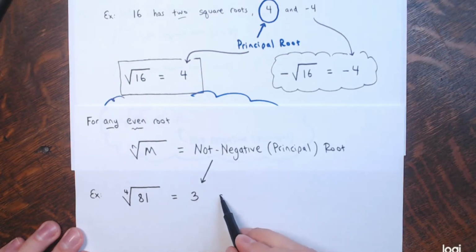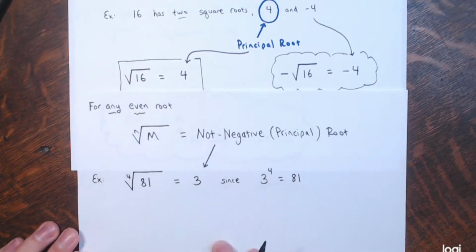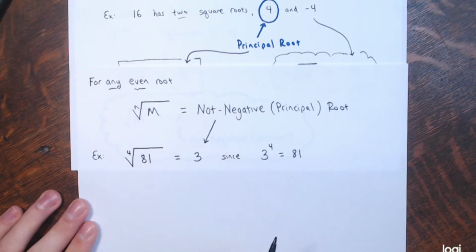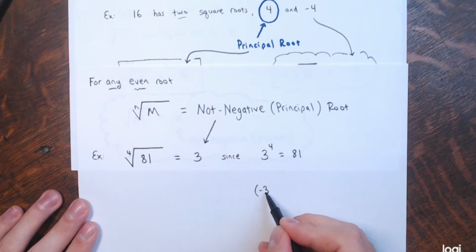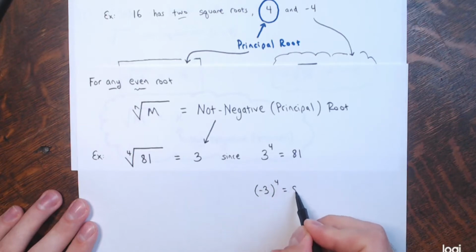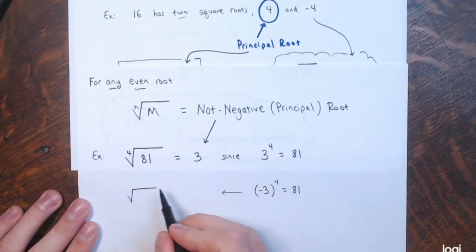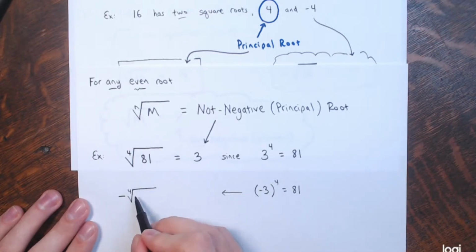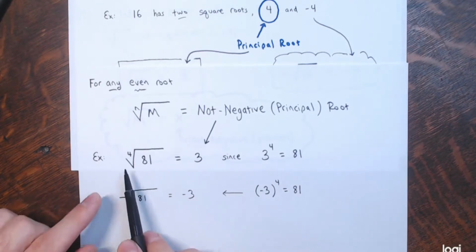The reason is that 3 to the fourth power is 81. And if you wanted the negative root, we know that negative 3 to the fourth power is also 81, but negative 3 would be the negative fourth root of 81.